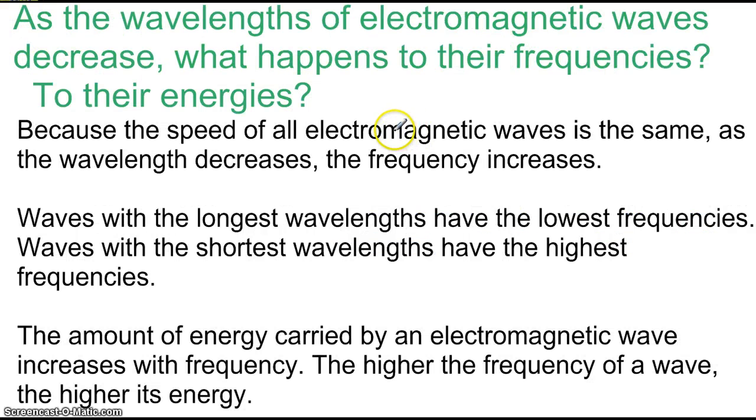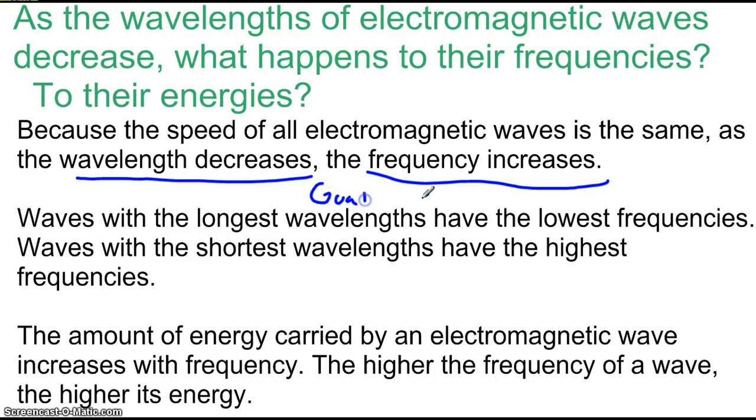As wavelengths of EM waves decrease, what happens to their frequencies? Well, because the speed of EM waves is the same, as the wavelengths decrease, frequency increases. We learned that relationship in Goal 1. Okay, so this is really a review of that. Waves with the longest wavelengths have the lowest frequencies, and waves with the shortest wavelength have the highest frequencies.